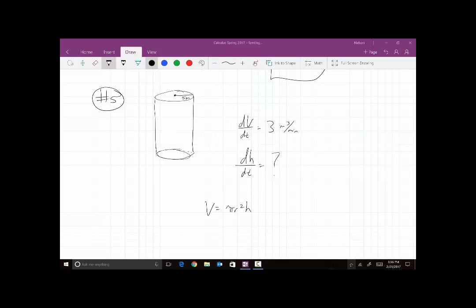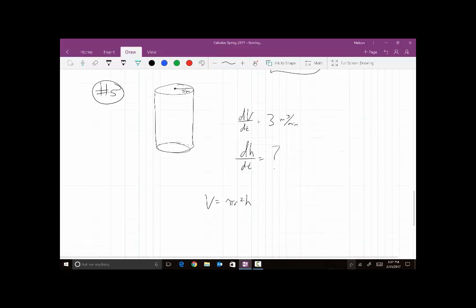Let's see, we've got a radius of 5 meters. Okay, well, here's the deal. Think about this. The radius is not changing at all. The radius is a constant. The radius is staying the same.